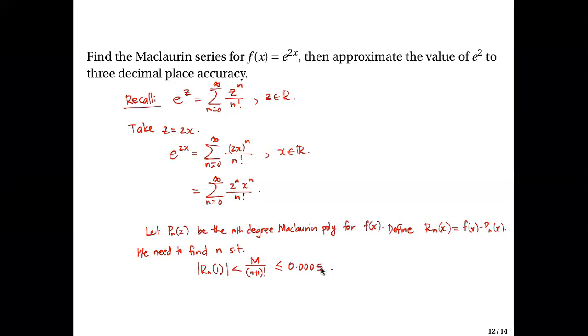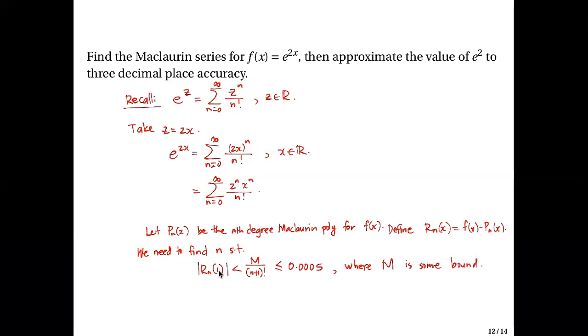Here, where M, we can take this to be a bound of f on the interval, letting our x be between 0 and 1.